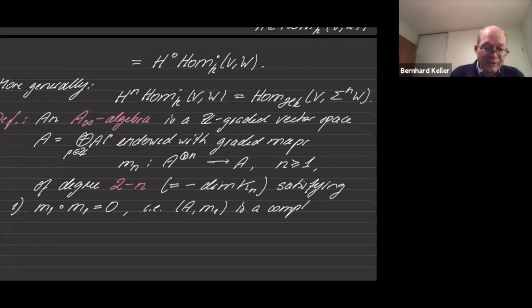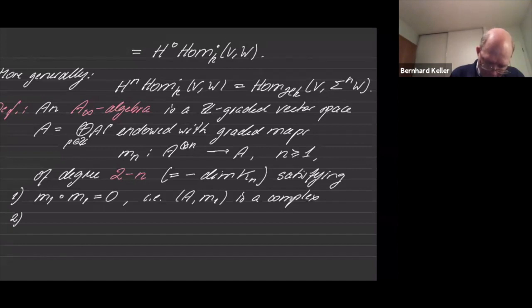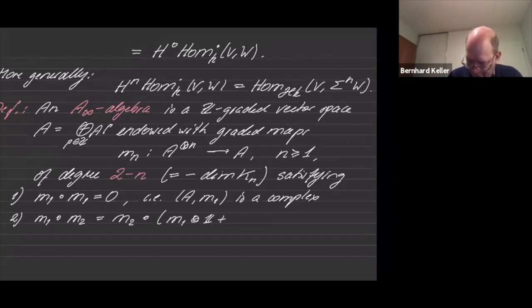Okay. Secondly, if we compose m1 with m2, that's equal to m2 composed with m1 tensor the identity plus the identity tensor m1.